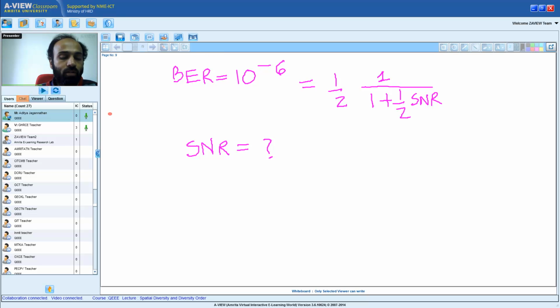Let me type the question also in the chat window to all the colleges. What is the SNR required to achieve an average BER of 10 to the power of minus 6 in the Rayleigh fading?